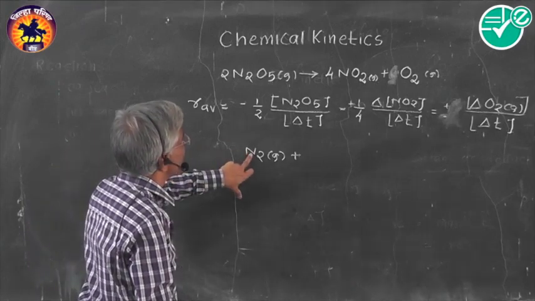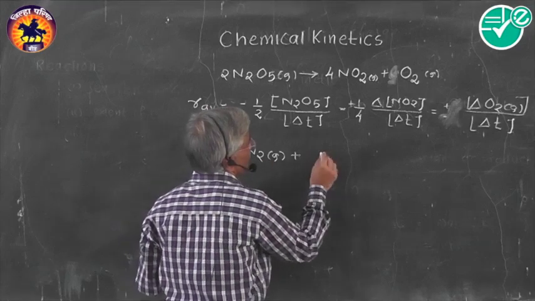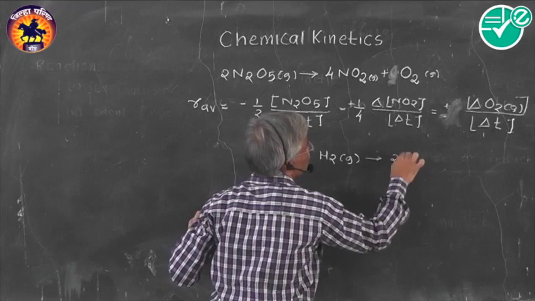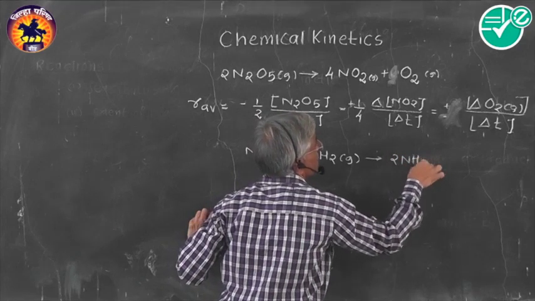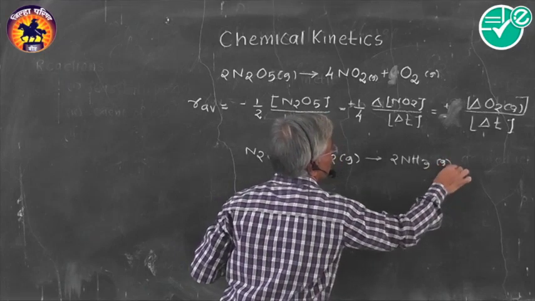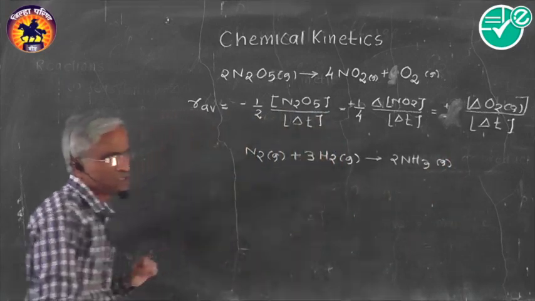So this is nitrogen in a gaseous state with hydrogen in a gaseous state giving 2 moles of say ammonia. I am considering this as an irreversible reaction, of course. Now it will be 3 moles of hydrogen.